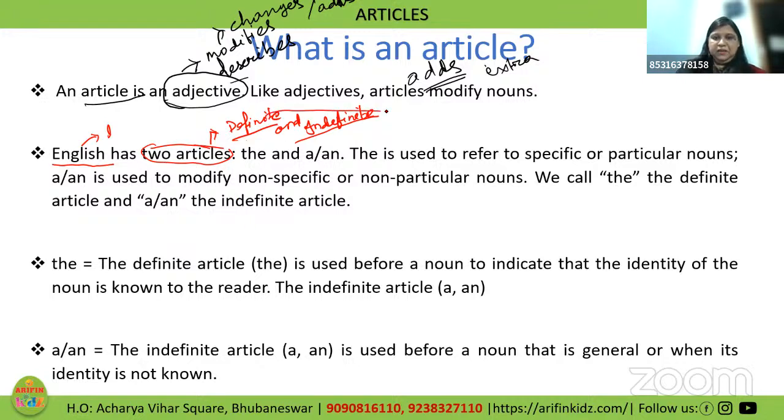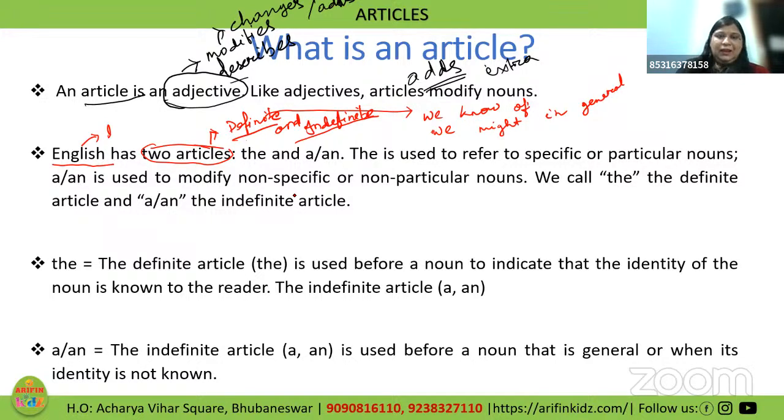The word definite means something that we know, right? Something that we know of. And indefinite means something that we might not be knowing at the time of mentioning. If we are talking of something, we may not be aware of that thing, or we are just mentioning it in general.